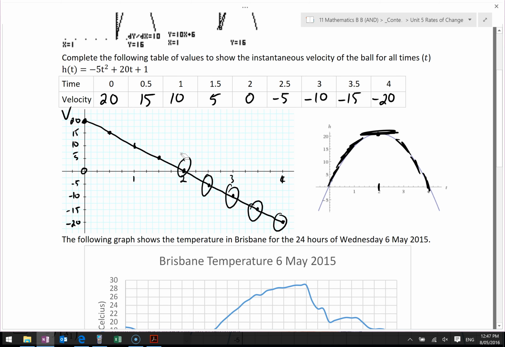I'll try and make this a bit prettier. Okay, and you can draw all over that picture if you want. So positive velocity from here.